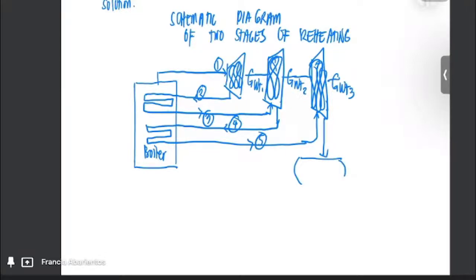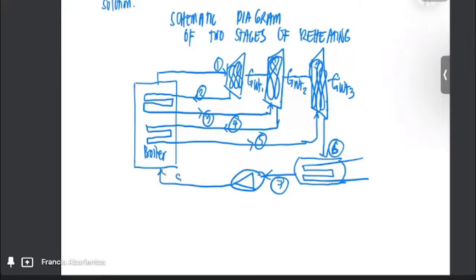Entering, this is now 0.6. And this, we have now the pump and the boiler.